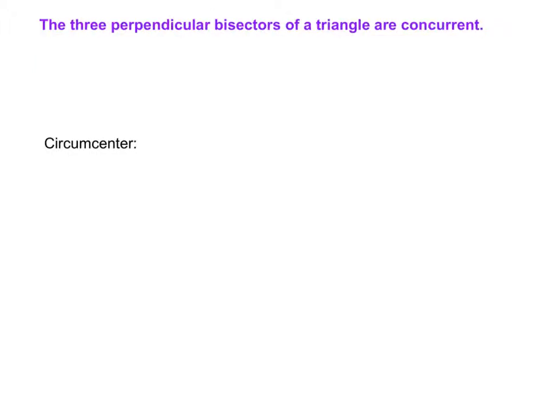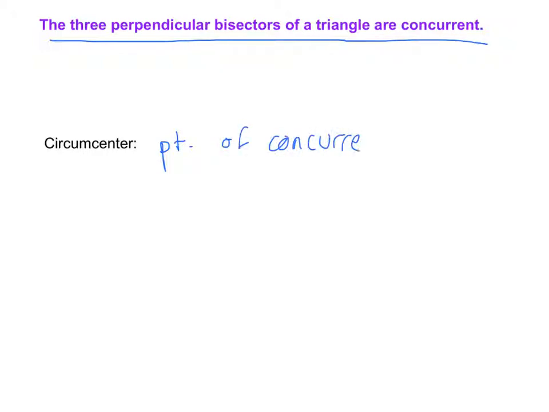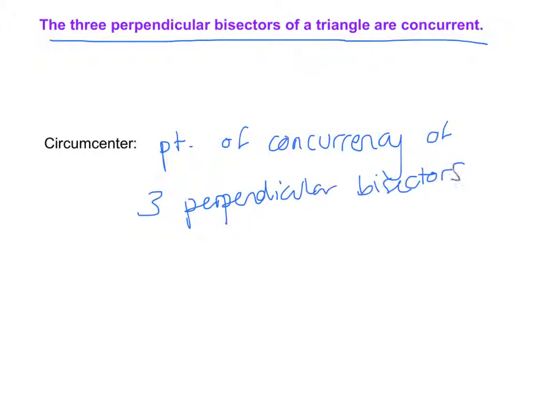Now we have our second conjecture, which says that the three perpendicular bisectors of a triangle are concurrent. The point of concurrency that they create is called the circumcenter. This is going to turn out something like this.